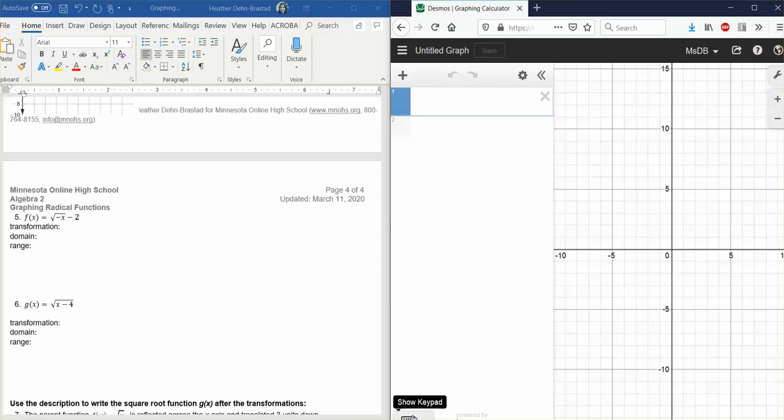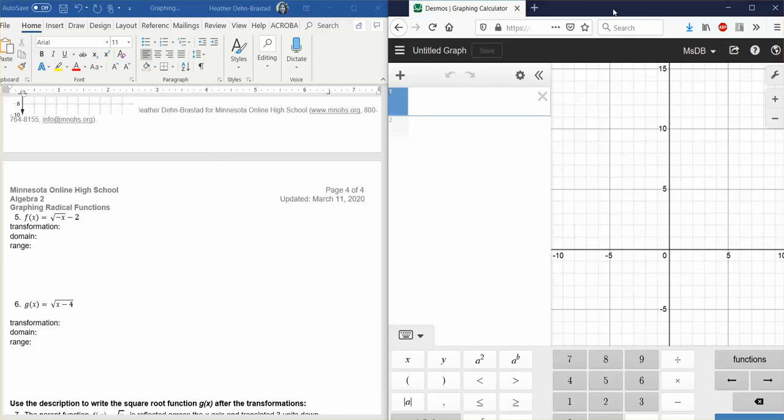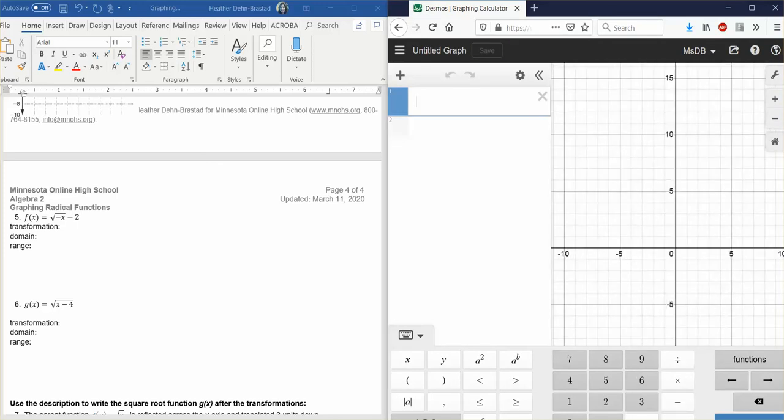Let's look at our keypad in Desmos, and I'm going to try to get this to go up a little bit. Because the square root key is at the bottom, right below the less than or equal to.